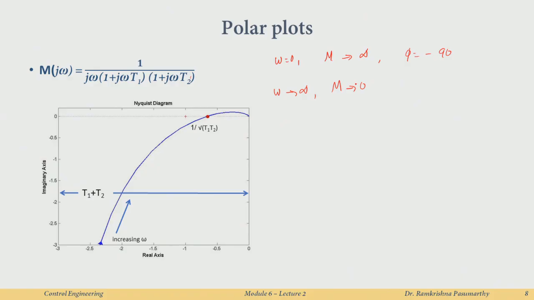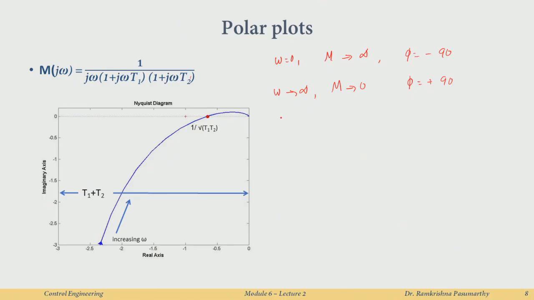What is the angle contribution? It will be plus 90, minus 90, minus 90, minus 90, so minus 270. Everything is tan inverse of infinity, with a negative sign because these are poles, and you have minus 270 or even plus 90. So this is what happens here.